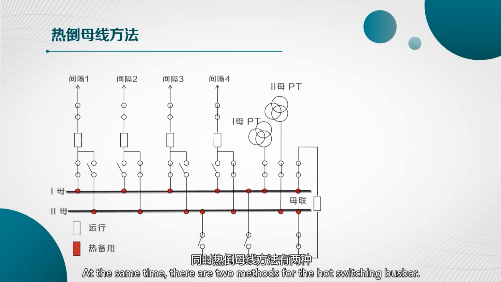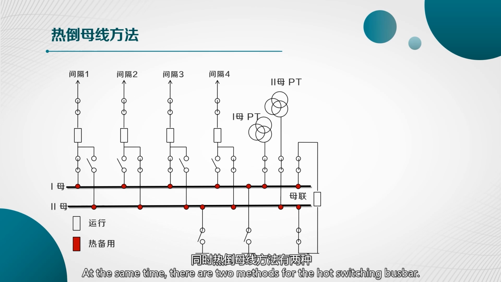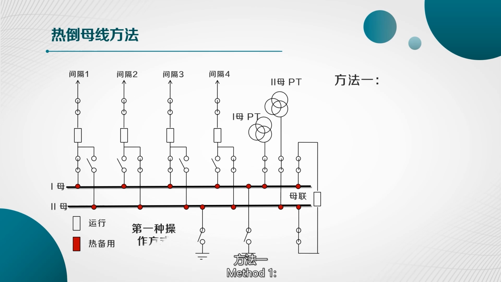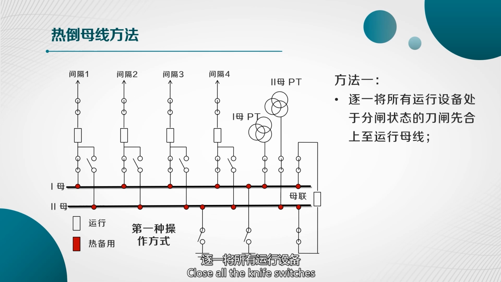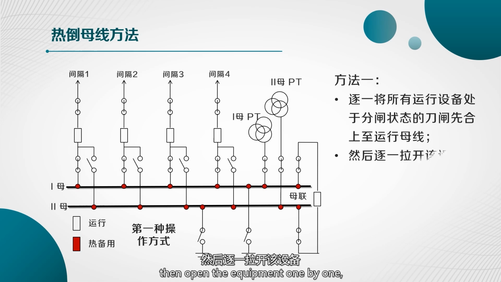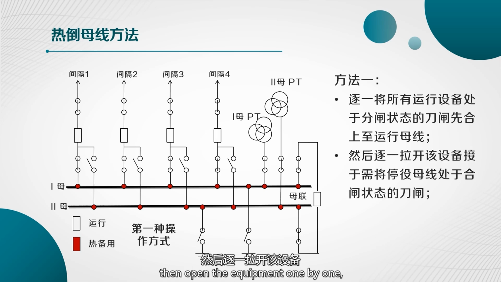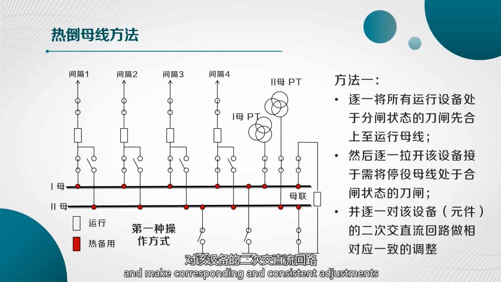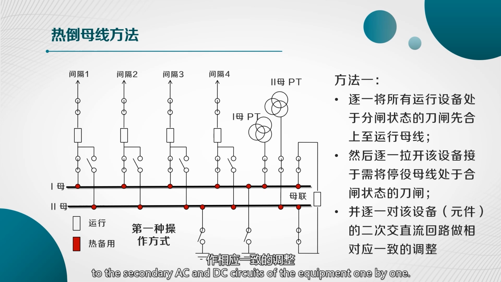At the same time, there are two methods for the hot switching busbar. Method 1. Close all the knife switches of the operating equipment one by one to the operating busbar. Then, open the equipment one by one, connect the knife switches that need to be close to the operating bus bar, and make corresponding and consistent adjustments to the secondary AC and DC circuits of the equipment one by one.